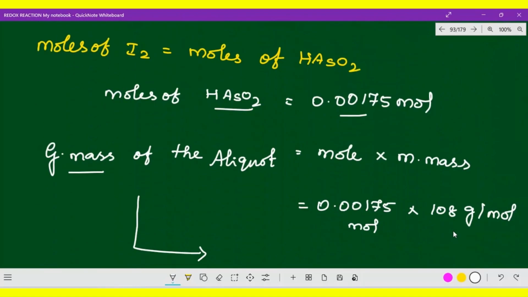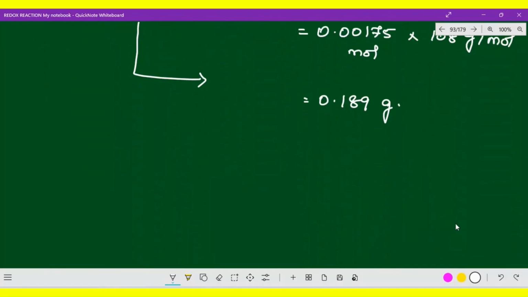Right, now here we have to identify the total mass of HAsO2, arsenous acid, same thing.